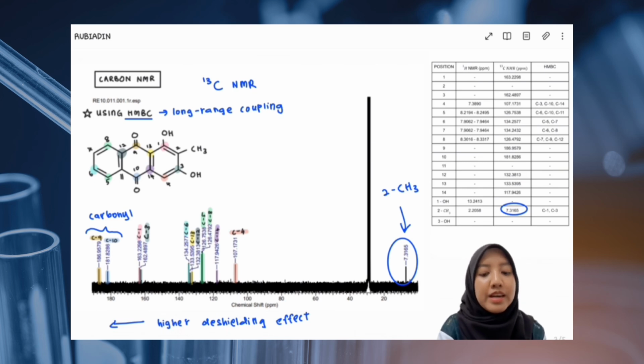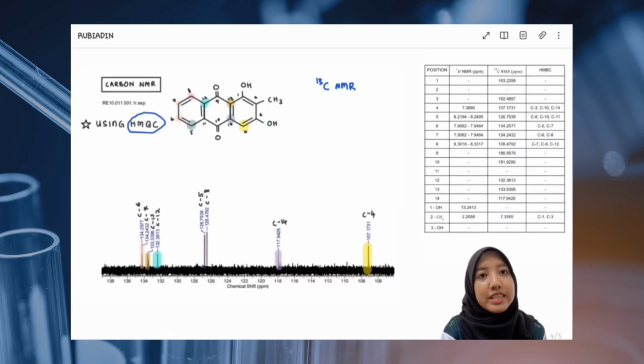After that, the carbon NMR for the next part uses the HMQC method, which is the heteronuclear multiple quantum coherence. This involves the analysis of correlation between proton and directly bonded heteroatoms, scalar coupling, typically carbons within a molecule.